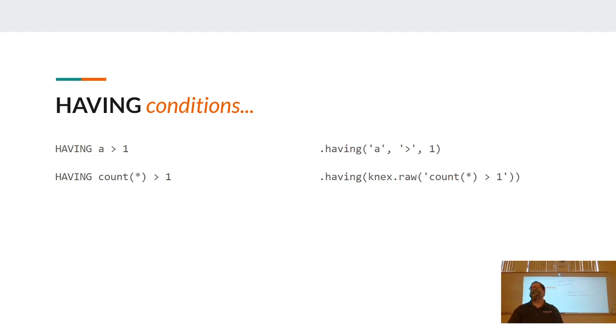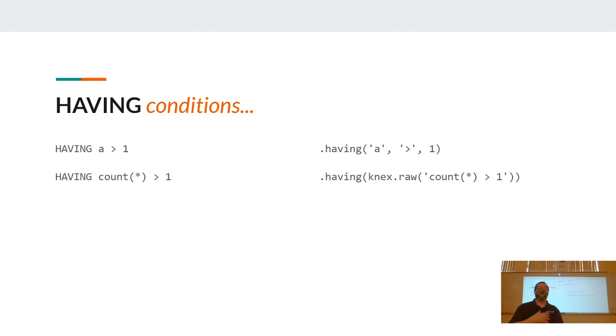Does that make sense? If you write knex raw, you have to be very careful about what is data and what is code. Specifically when you're using knex raw, there's a special character, the question mark, which you use to replace parts of the statement with parts that are dynamic. Does that make sense?